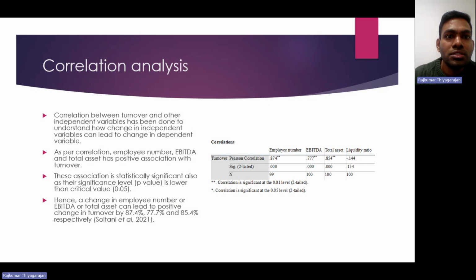The relationships are statistically significant with p-values below 0.05, confirming their reliability. This implies that increases in employee numbers, EBITDA, or total assets directly contribute to higher turnover. Understanding the association is critical for banks to optimize workforce management, improve operational efficiency, and drive revenue growth.